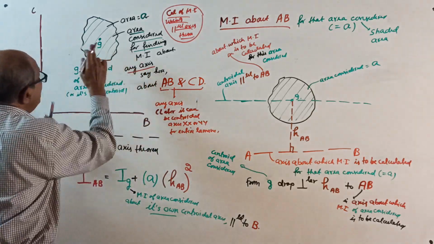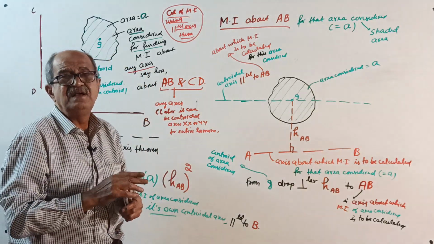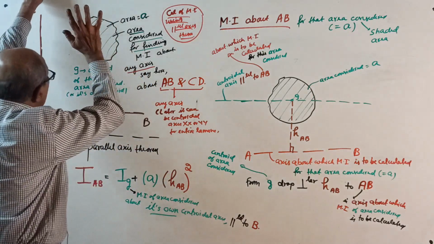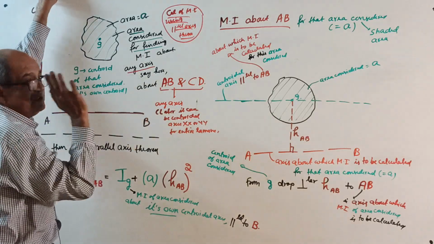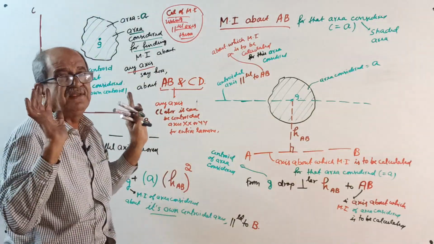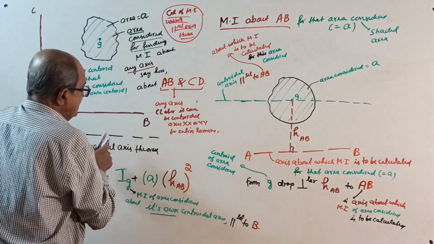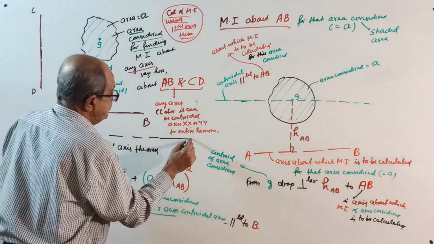And this is not the entire lamina, this is only a part of it. So imagine, if this were the entire lamina, this g would become capital G. Okay, leave it now. Now you write this much first.